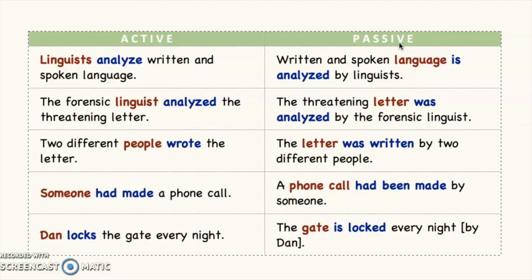That's passive. And last, Dan locks the gate every night. That's active. And then here, the gate is locked every night. You could say by Dan, or even if it doesn't say who does the action, it would still be a passive sentence because it's being done to the gate.